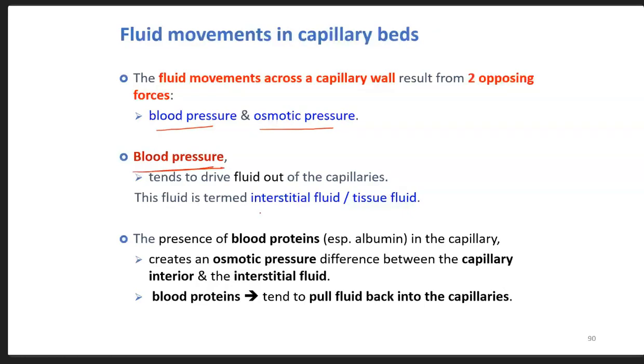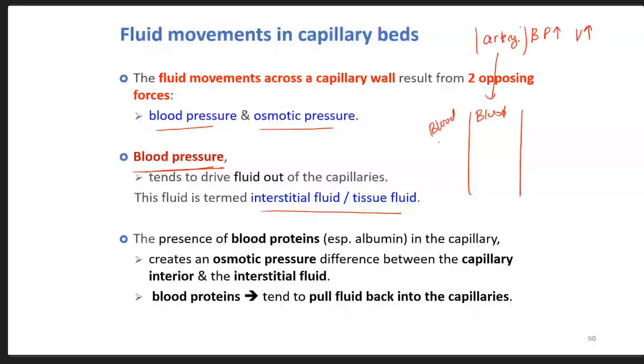So you have blood vessels that fill with blood. The blood comes from the artery, for example. Obviously, in the artery the blood pressure is high and the velocity is also high. As the blood enters the blood capillaries, there will still be high blood pressure and high blood velocity compared to the blood that will enter the vein.